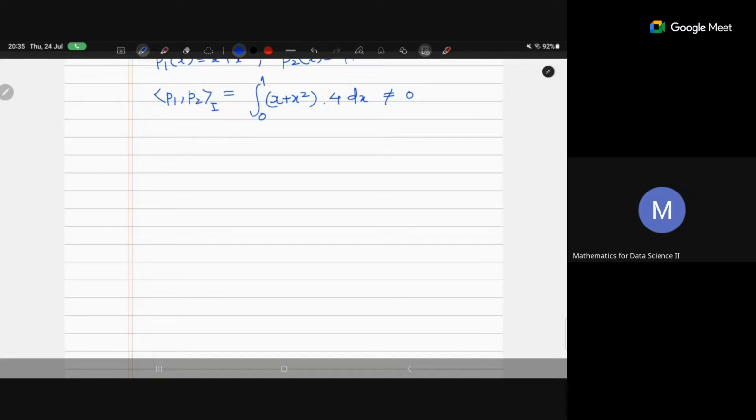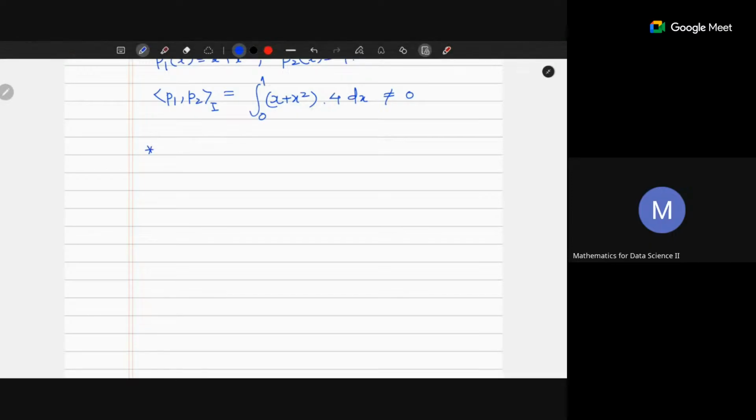Now, clearly you can notice that 0 in V is orthogonal to itself as well as to every other element in your vector space, your inner product space.